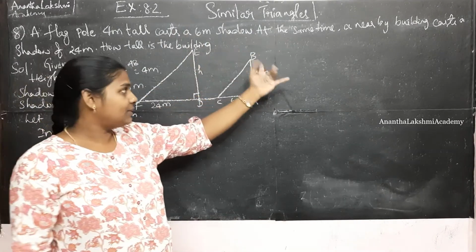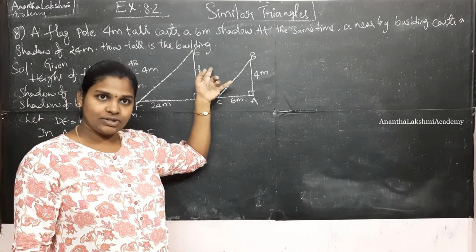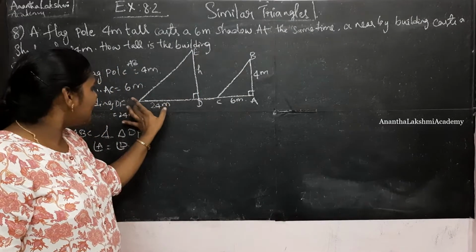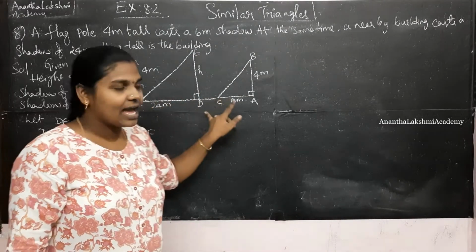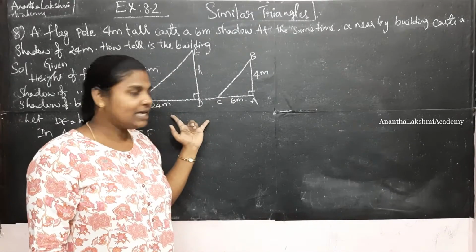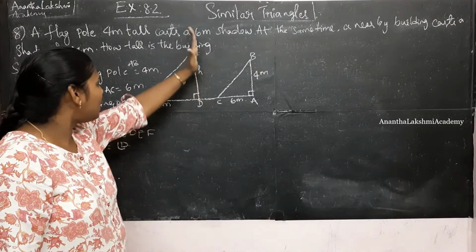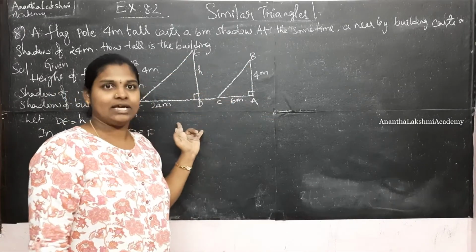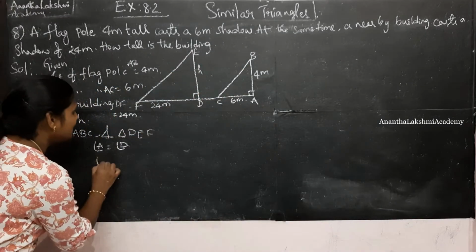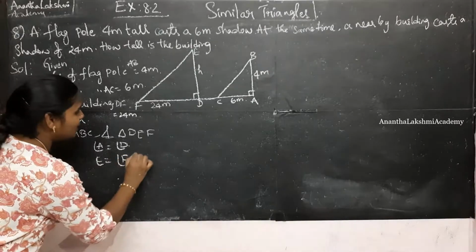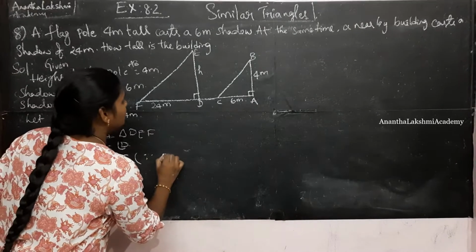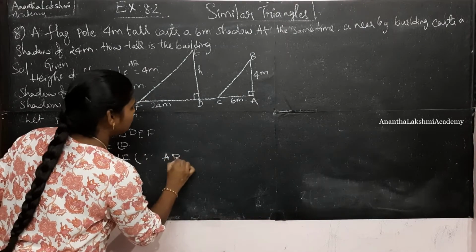I mean nothing but the flagpole is parallel to the building. So what happens? The angles, angle C and angle F are going to be equal. The angles made with two parallel lines are equal. So angle C is equal to angle F. Why? Since AB is parallel to DE.